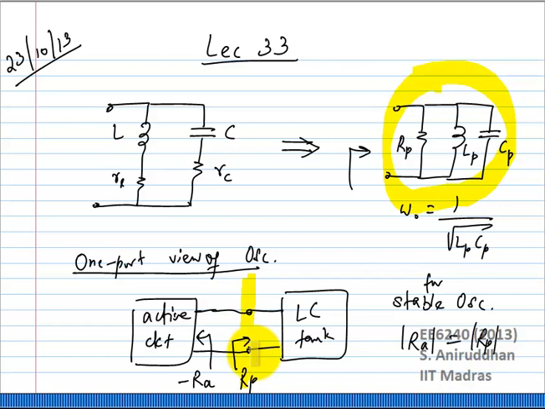Okay, and what do we know? Let us say the input resistance of the tank was Rp, representing the losses in the tank, and the active circuit produces a negative resistance minus Ra. It has to produce a negative resistance minus Ra for the circuit to oscillate. For stable oscillations, we know that Ra should be equal to Rp.